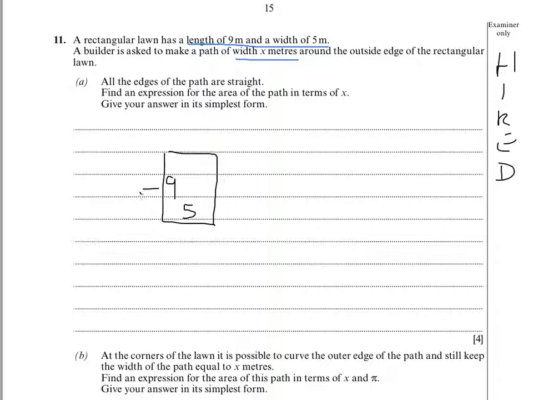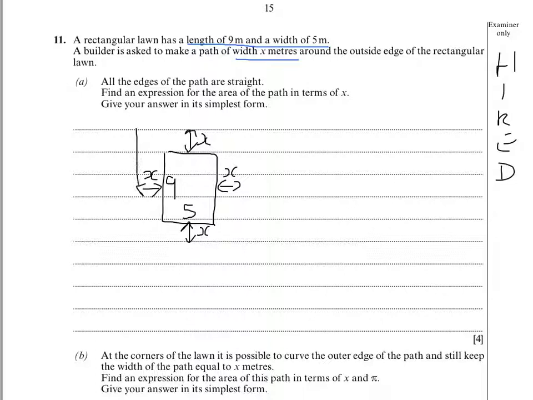So that means that this width here of our path is going to be x meters long, and so wherever around the outside of our rectangle, we're going to have a width of x meters.